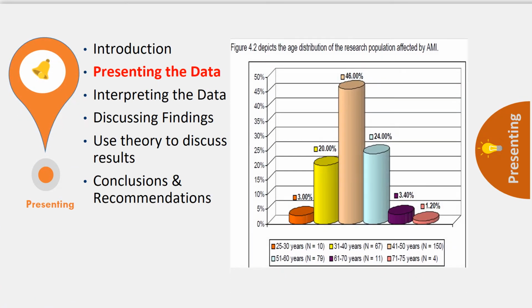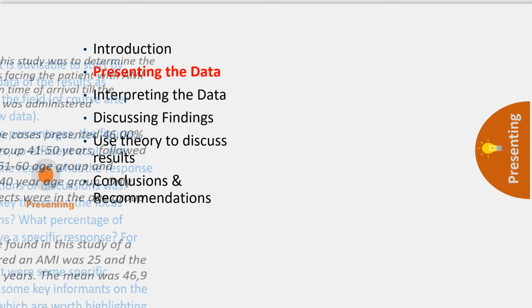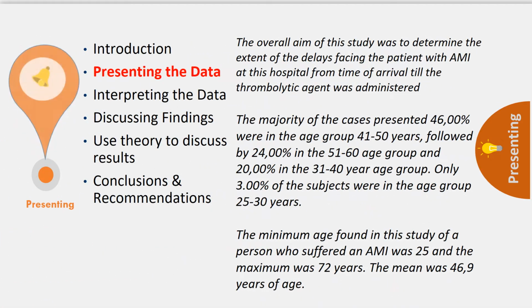If we take this example of research, we can see here just one example of a frequency table in terms of percentages, and then we're going to look at some of this data taken from a specific research paper in hospitals. We can see they summarized it: the overall aim of the study was to determine the extent of the delays facing the patient with AMI at this hospital, time of arrival till the thrombolytic agent was administered.